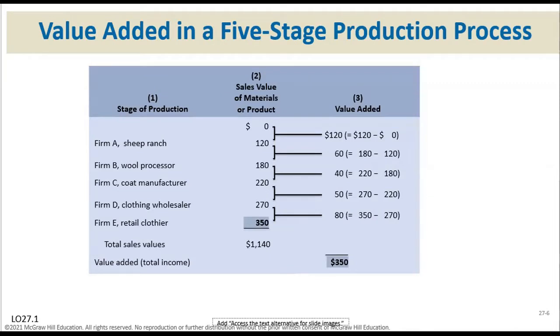When you look at it from A all the way to E, each is a different firm, and all these firms are in the production process. So for instance, firm A produces a good that was released to the market at 120, and firm B had to purchase that good to be able to transform it to the next level in the production process.